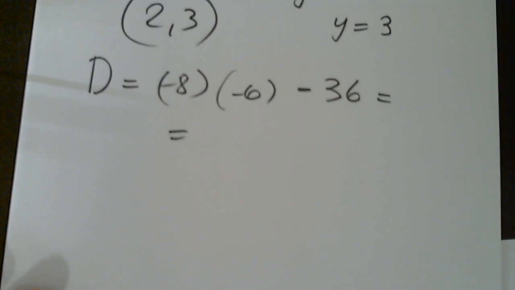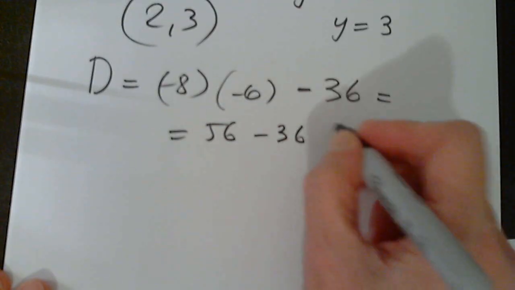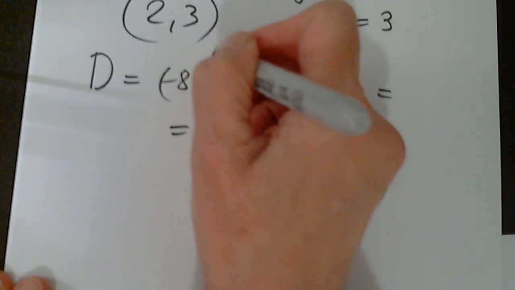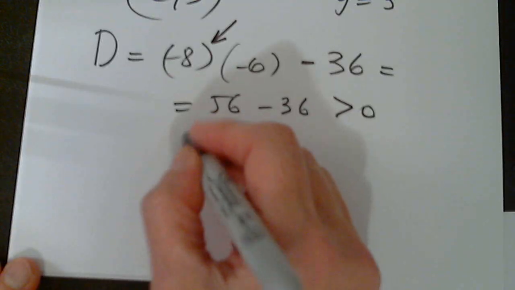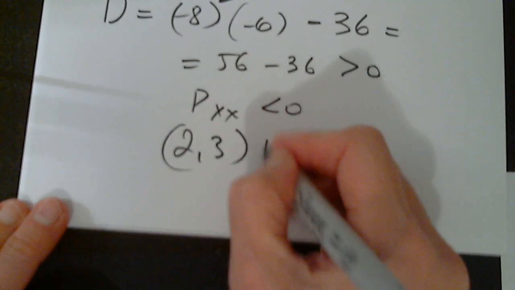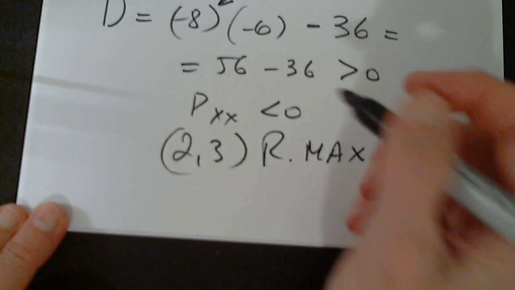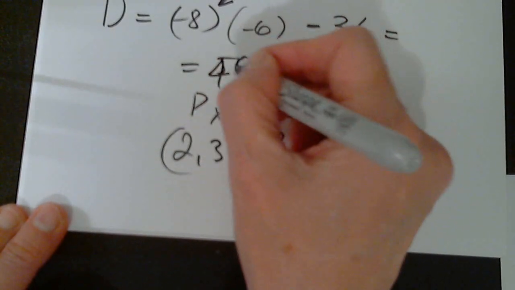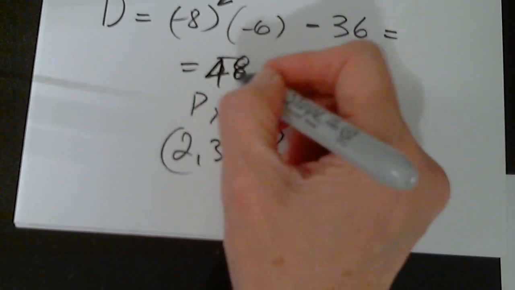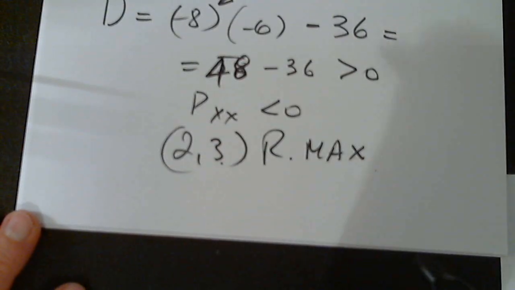Yeah, correct. 56 minus 36, positive. And Pxx is negative. Therefore, (2, 3) gives a relative max. Oh, what did I do here? It's 6 times 8. Sorry. Good. Positive. (2, 3) is a relative max.